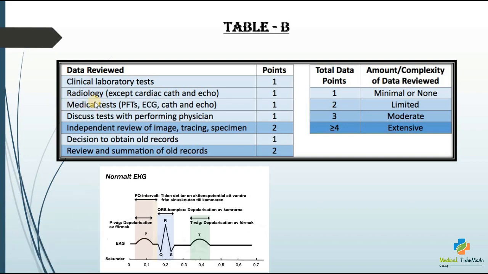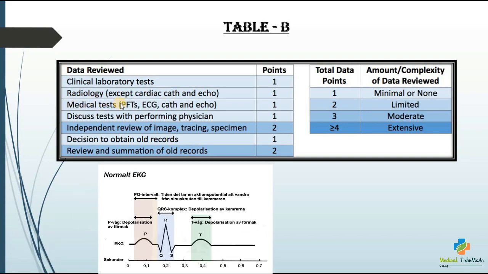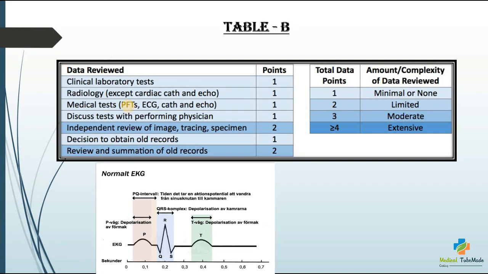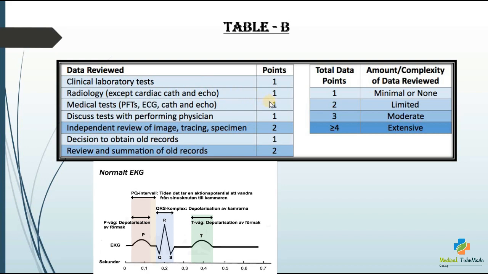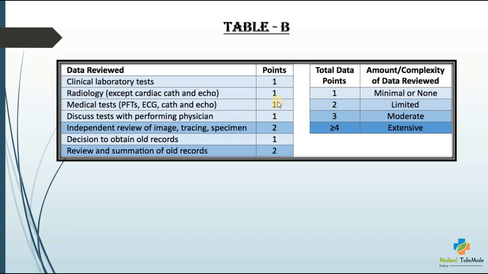Then medical test means medicine test, for example PFT, ECG, cath, echo. So these are the medicine tests; if the physician orders or reviews a medicine test, you can take 1 point. Then next, discuss test with performing physician. You know, the performing physician is different and the ordering physician is different.